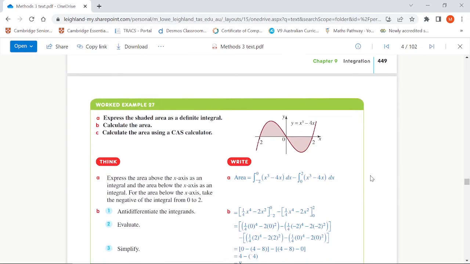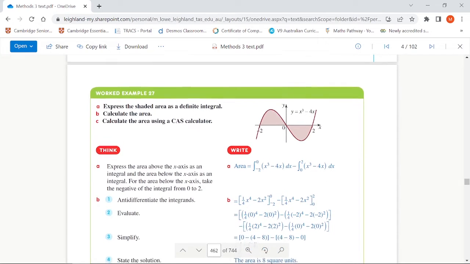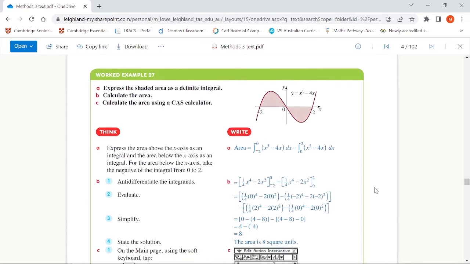Okay, so with the next example that's shown there, because this particular one does go above and below the x-axis, firstly making sure you know where the curve crosses the x-axis.